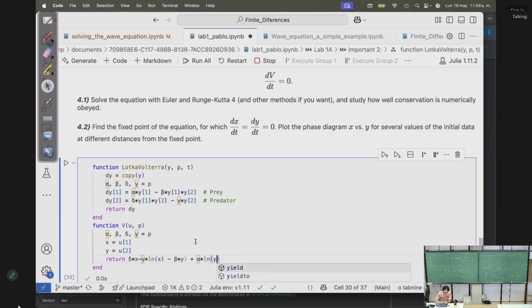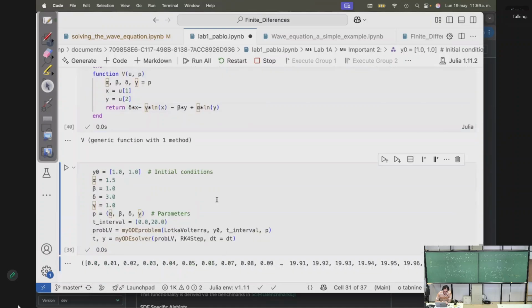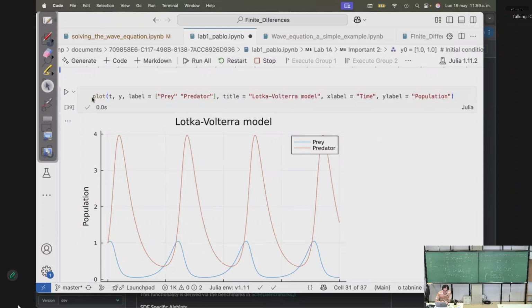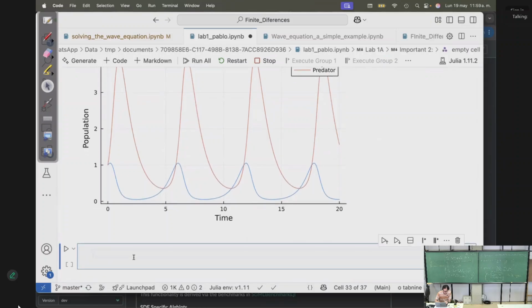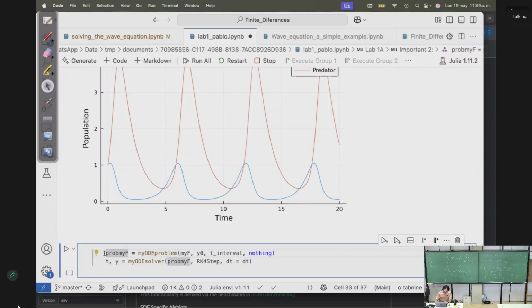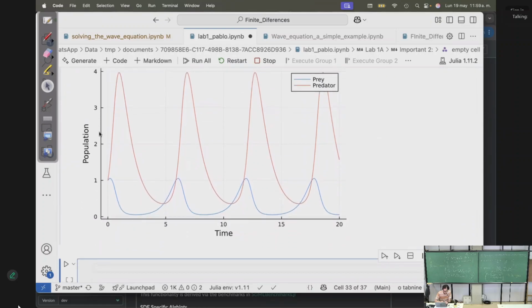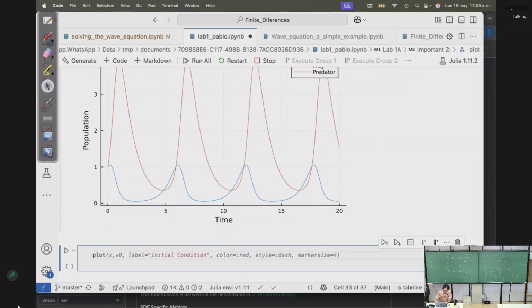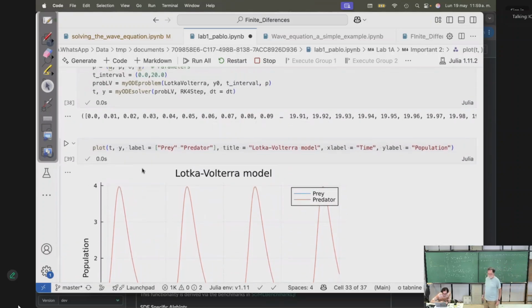Let's see if this is actually working. Okay, here we go. And now we'll try to plot t and some other value here.